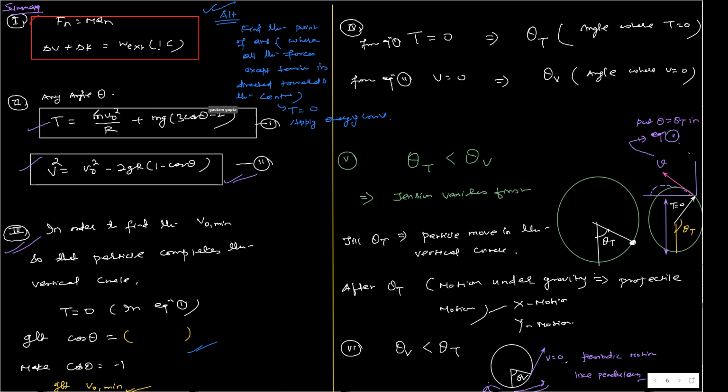Just remember this, don't apply this formula anywhere, like in this question. This formula is with the assumption that the particle is moving with velocity v naught at its minimum point, which is not the case here. So these formulas you have to apply only in a standard case. Otherwise, you have to convert it into a standard case. I'll tell you how to do that.